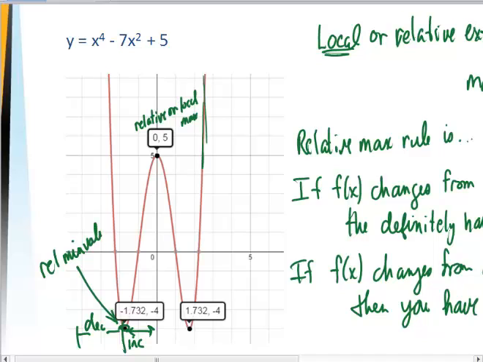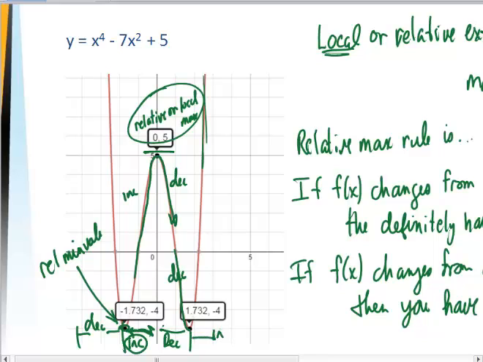Okay, so when you go to the next interval, we change from increasing to decreasing. See how the function is like the top of a roller coaster, and then you go down. When you go from increasing to decreasing, you have a relative max. And then when you are on the roller coaster heading back down again, you're going from decreasing to increasing.